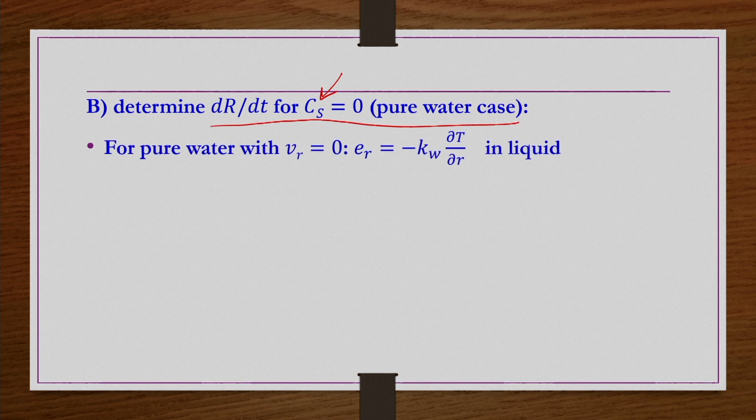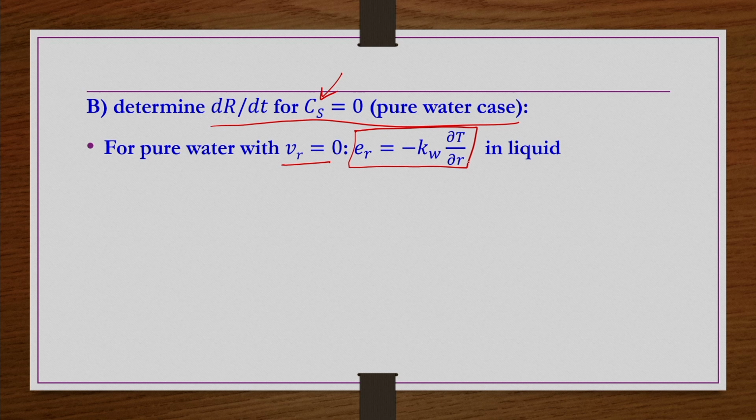For pure water with Vr equal to 0, if you write the energy equation, you get only the conduction terms in Er, other terms will not be there, because Vr is 0, so the convection terms are anyway not there.